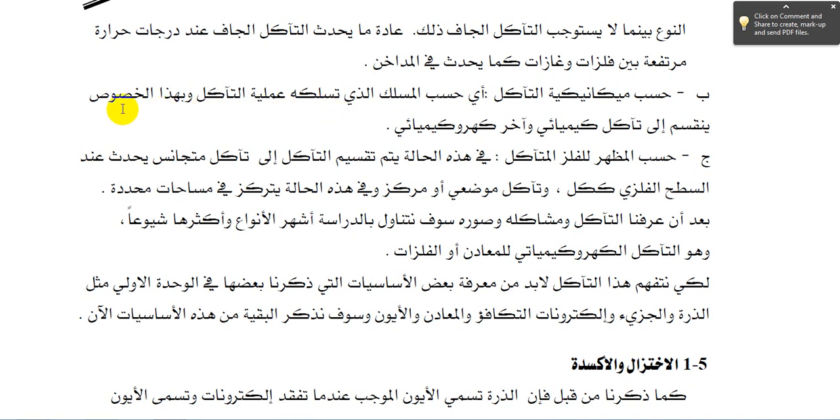According to this, the corrosion is divided into chemical corrosion and electrochemical corrosion. C, the third form of corrosion occurrence, according to the corroded metallic appearance.